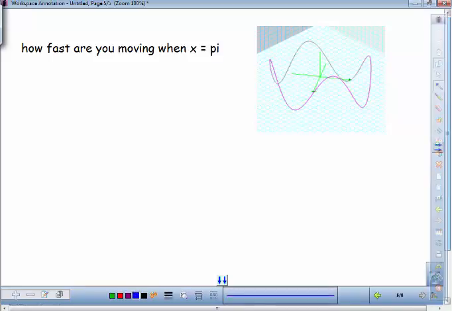So let's say pi is over here. I guess that's the x. Yeah, that should be pi. You should be over here. So what do you need to do? You need to find r prime. So what was r again?